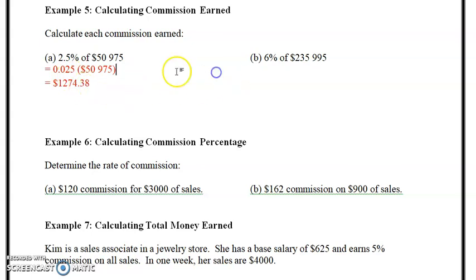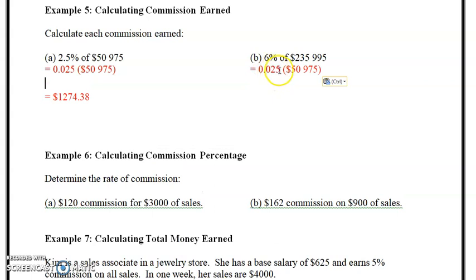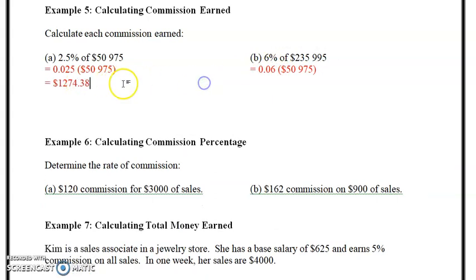Okay. Do the same with the B question. 6%, 0.06, and that's of the 235,995.